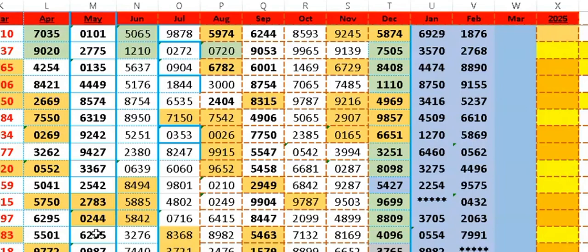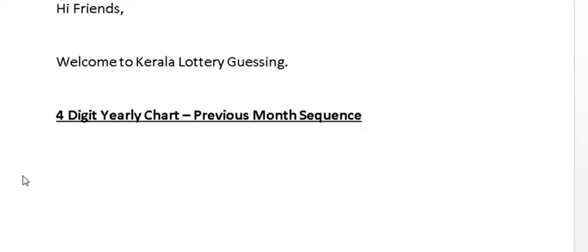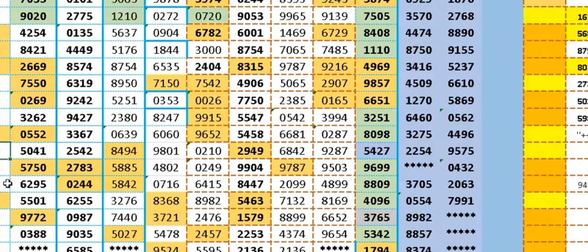So for today, we're going to pick up the 4-digit yearly sequence based on the previous month's numbers or previous month's results. That will help us focus and play a certain sequence with a certain set of numbers which, if repeated, we will play, especially those that come after a gap.